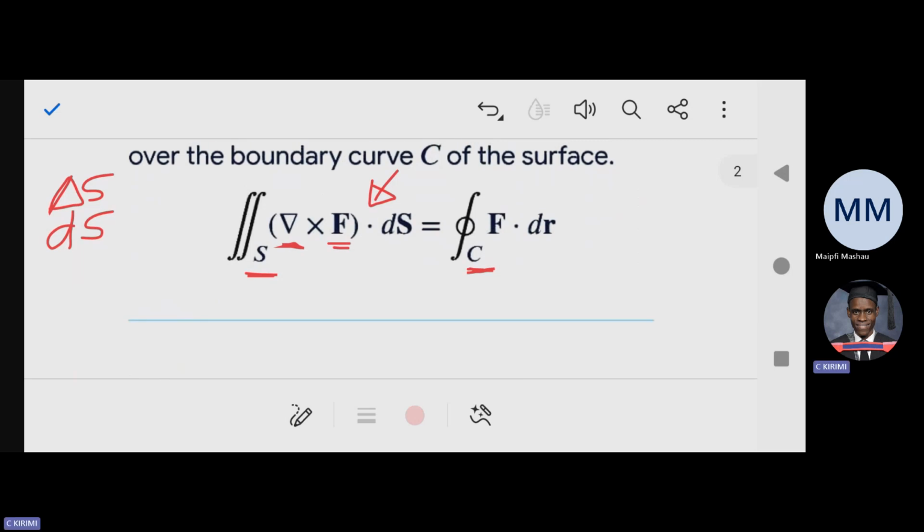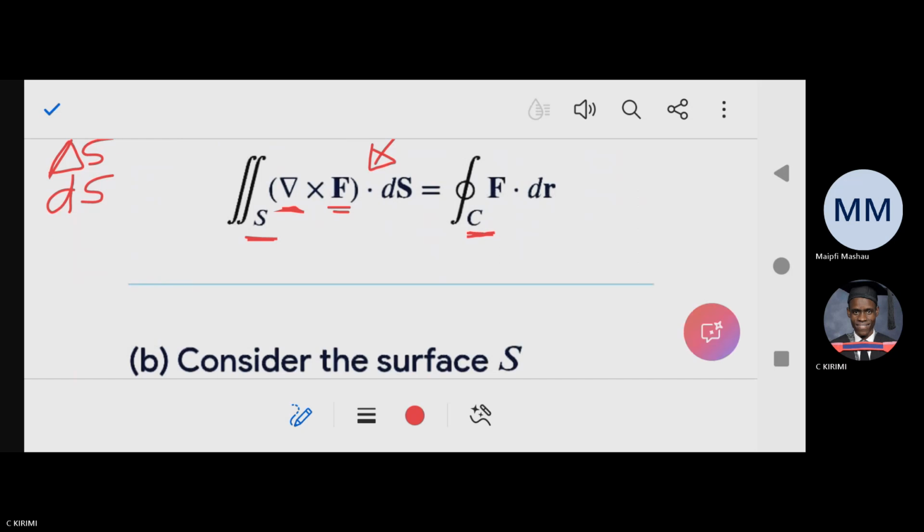Where there's a dot product, where there's a cross product, remember that F and the gradient, grad, are vectors. That's why you are crossing. Grad cross F. F is also a vector.